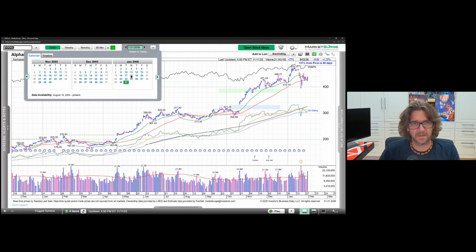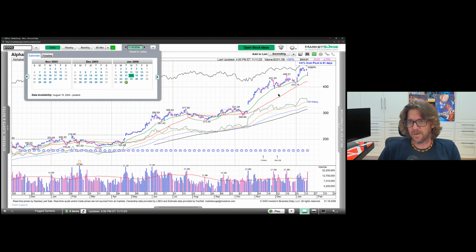Let's go over to the 18th. So here, first pullback, second pullback, third pullback. And I was in there going, okay, well, this should play out, and I can add to my position as it goes through that area.